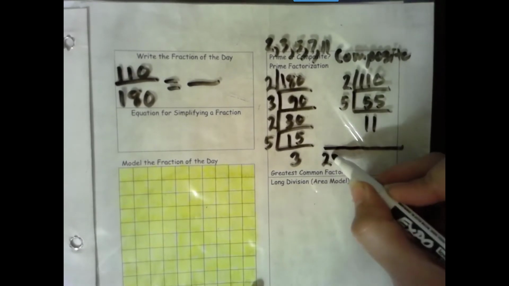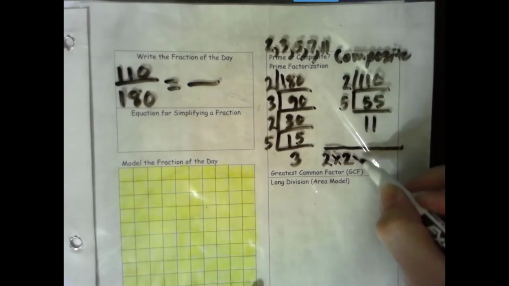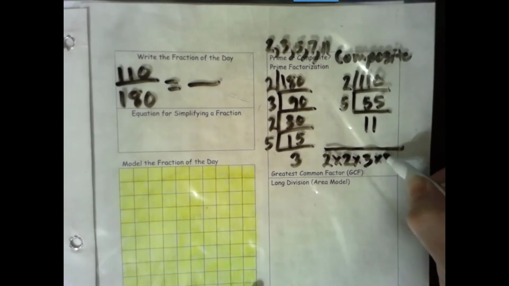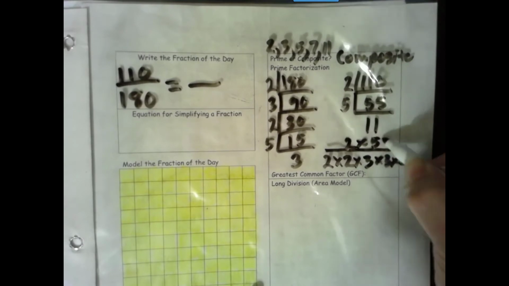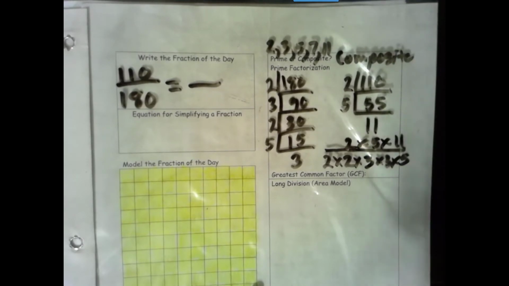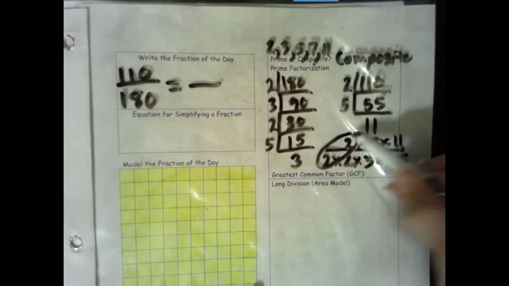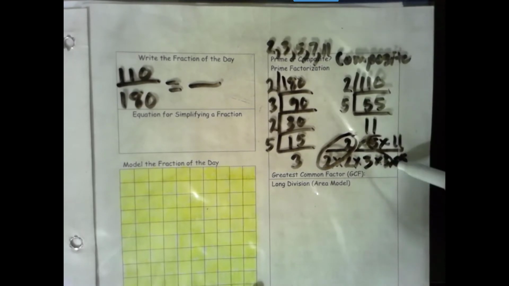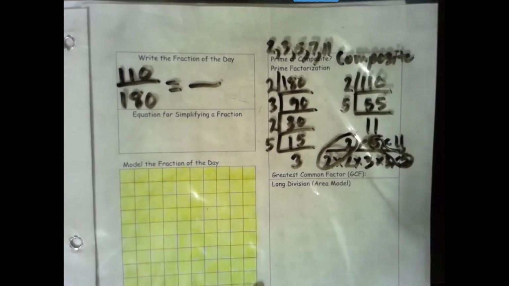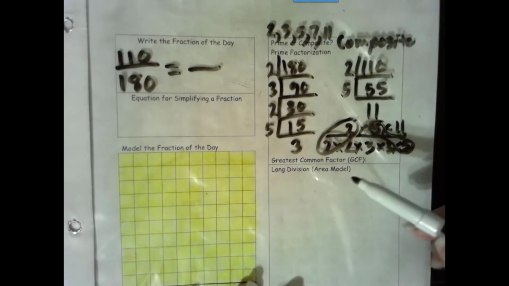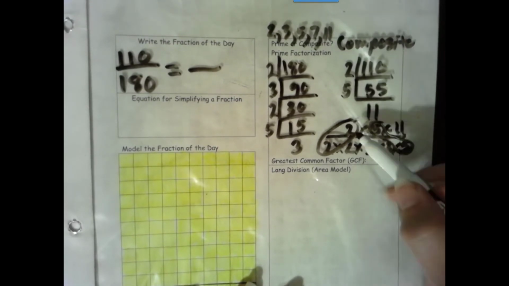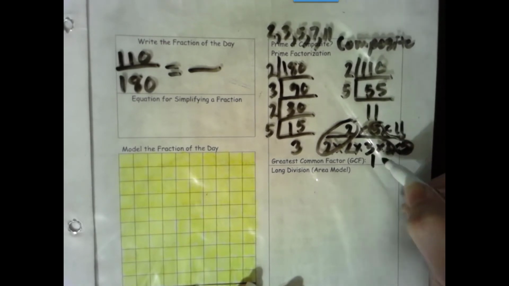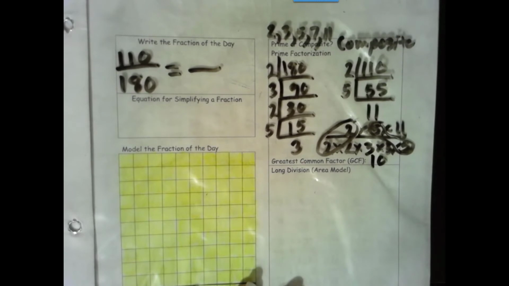Get down our prime factorization. 2 times 2 times 3 times 3 times 5, and 2 times 5 times 11. Well, we have 2's in common, and we have 5's in common, leaving 11 in the numerator. 2 times 3 is 6 times 3 is 18 in the denominator. 2 times 5, our greatest common factor is then 10.